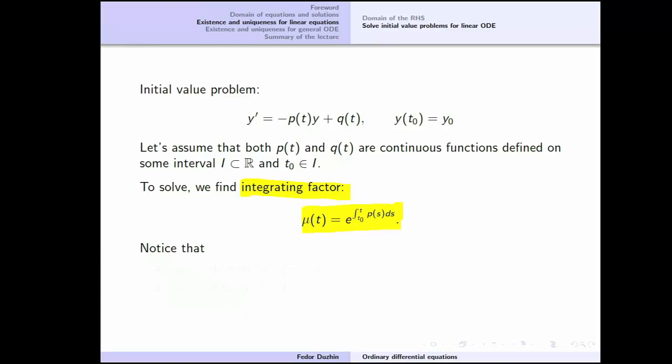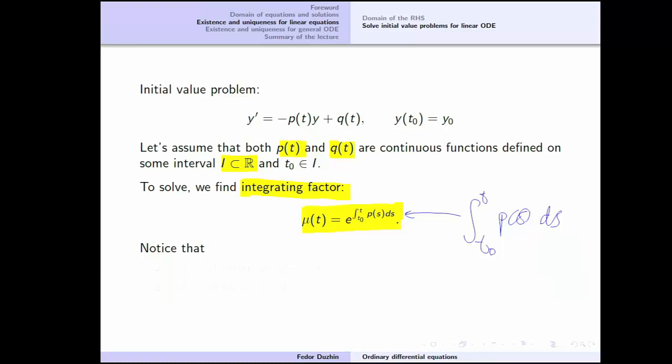Notice that if P of t and Q of t are defined on a whole interval, then of course this integration from t0 to t of P of s ds makes sense, since P of s is a continuous function.